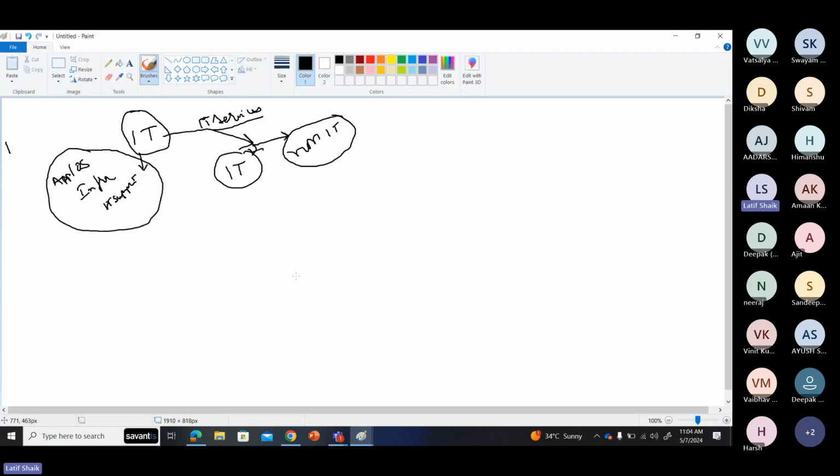It's a simple scanner: scan the product and the application understands what the product is based on the previous information it was given. Who built that application? Who built that computer? It is from an IT organization only. So IT services are needed by both IT and non-IT organizations.